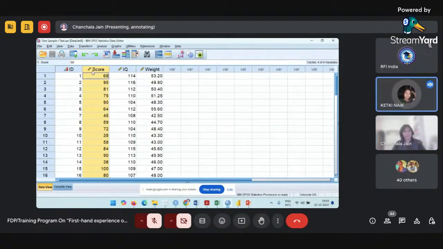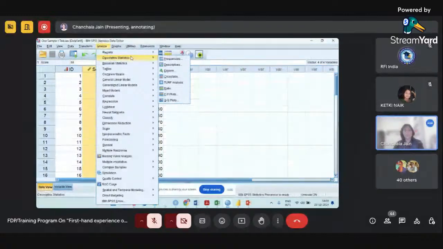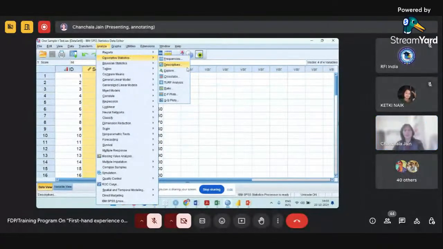Ma'am, through skewness, kurtosis. Okay, fine. We will do it using that also. So what you need to do, you will go to Analyze, right? You will go to Descriptive Statistics. Yes, ma'am.